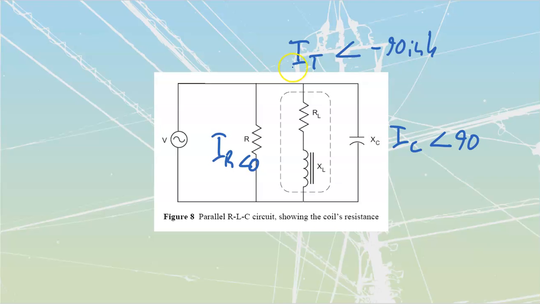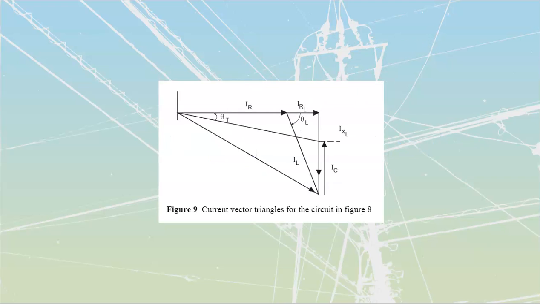But all I need to do then is take those currents, this one around negative 90-ish, this one at 0 degrees, and this one at 90 degrees, add them together, and I'm going to be able to establish the total net amount. That is what we are seeing on this one over here. They have a bunch more errors inside there that we don't need to necessarily take a look at. But if I take a look at this, I see I've got IR, my resistive value of current.